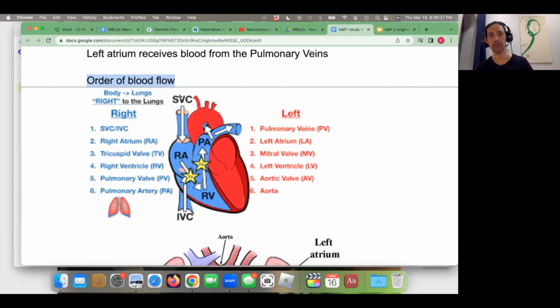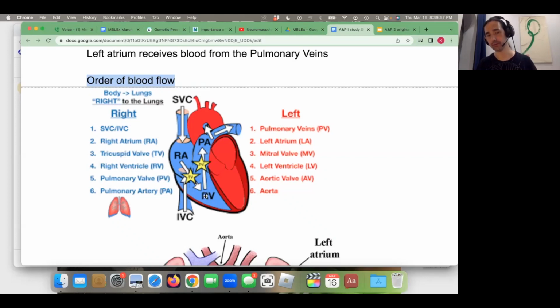Those come into the right atrium, and they pass from the right atrium into the right ventricle through the tricuspid valve. So it's superior and inferior vena cava, right atrium, tricuspid valve, right ventricle.